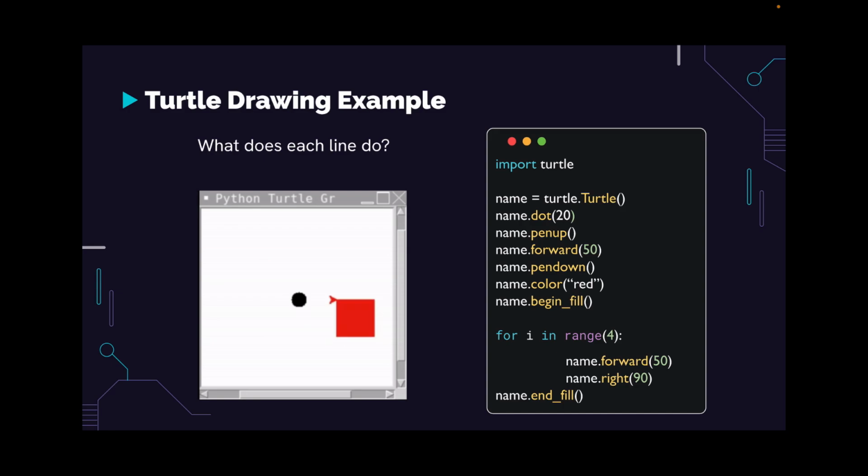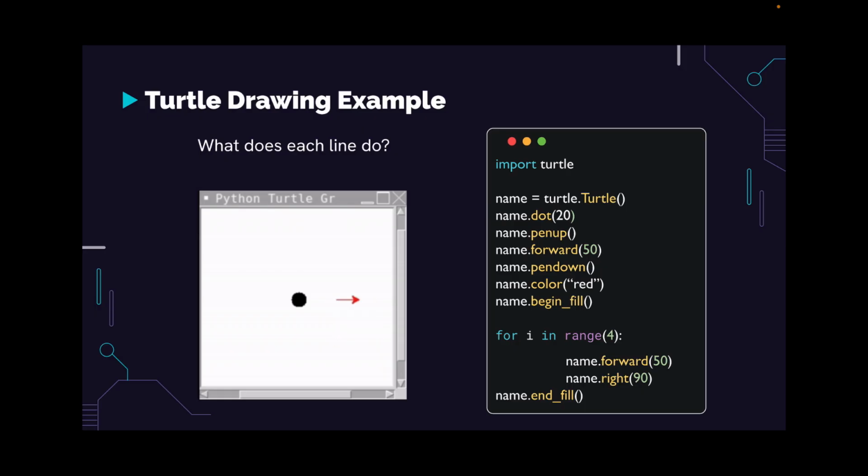And then we have name equals turtle.Turtle, that creates our turtle. We have name.dot(20), which creates our little black dot in the center of the screen with radius 20. And then we lift our pen and go forward 50 and set our pen back down. We change our color to red and begin filling.